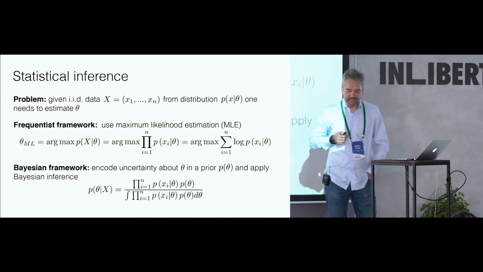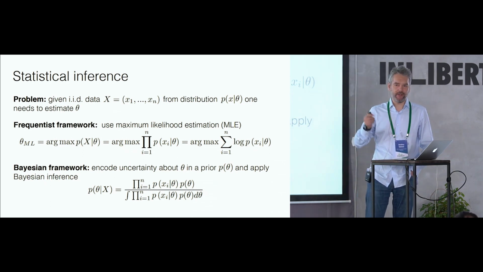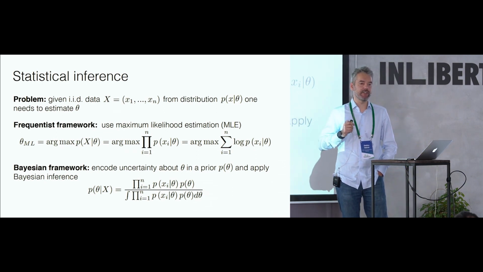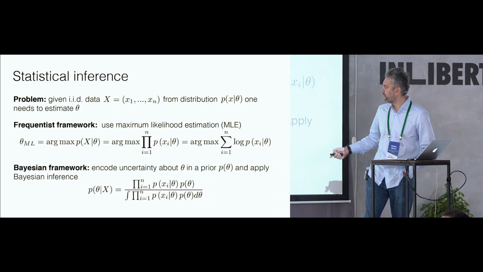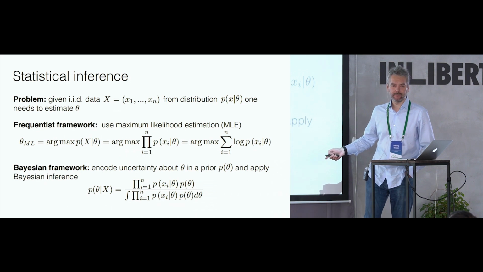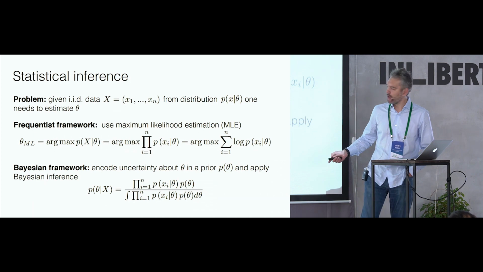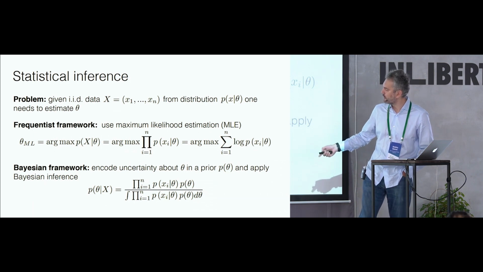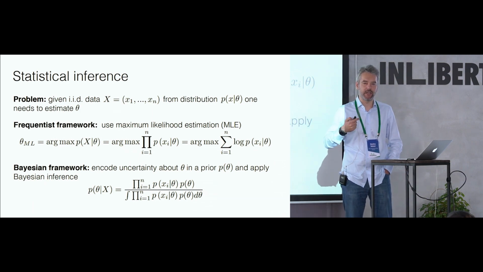So we start with a distribution and we end up with a distribution. And this is very nice, because now imagine that some new data arrived. We can update our posterior over theta by using P of theta given X as a new prior, because this is still a distribution. So we can use this posterior distribution as a new prior distribution and update it when new data arrives.